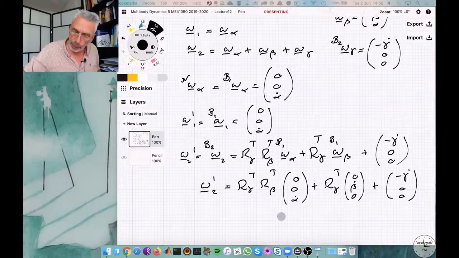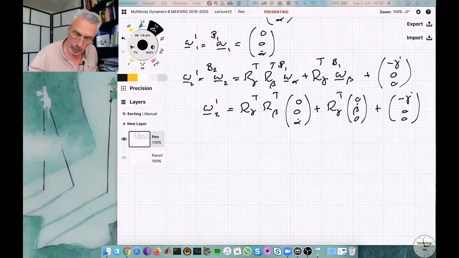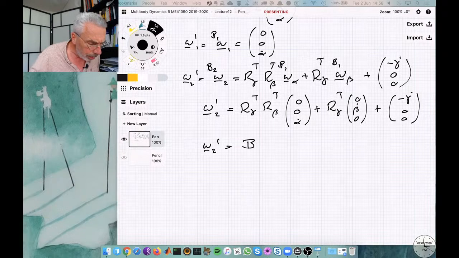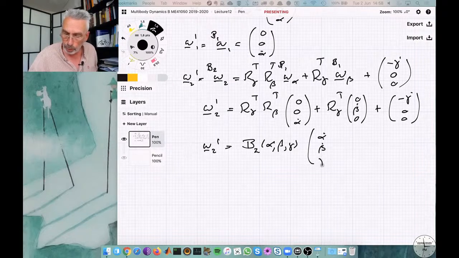Now I'm going to write everything in terms of these linear matrices. So I'm going to write omega 2 prime is some matrix, and I'm going to give it a name, B2. I call it B2. It's a function, of course, of alpha, beta, and gamma with cosines and sines. And then here on the right hand side I have alpha dot, beta dot, and gamma dot.